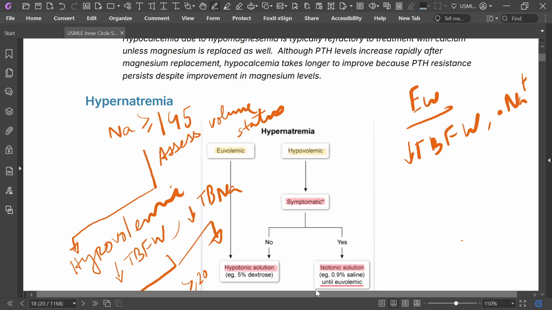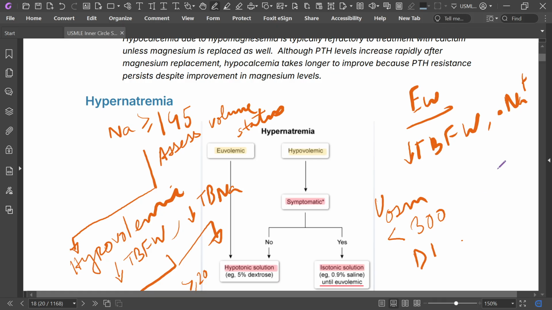It may be again renal loss and non-renal loss. Before jumping into it, you need to do urine osmolarity. If urine osmolarity is less than 300 milliosmol, it is diabetes insipidus.